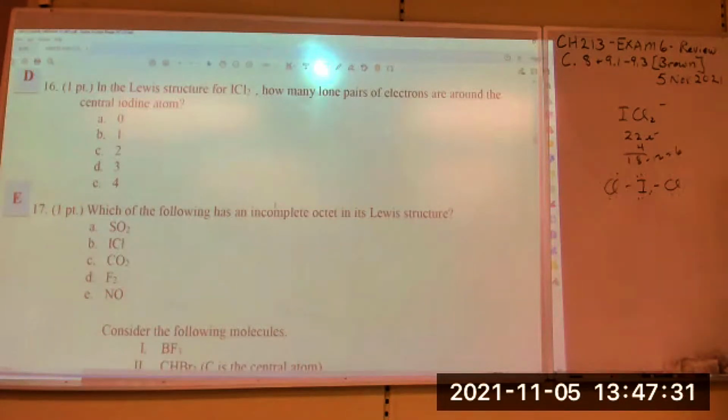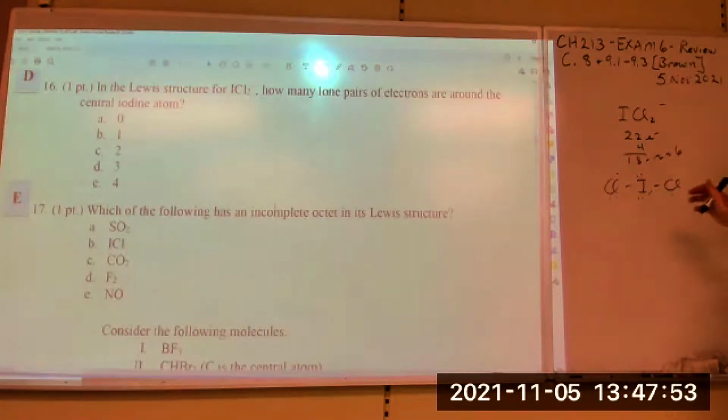Okay, so how many, what does it say, lone pairs? Yeah, lone pairs are around the central atom. We got 1, 2, 3 lone pairs. What electronic structure would that be? 1, 2, 3, 4, 5. Trigonal bipyramid, right?